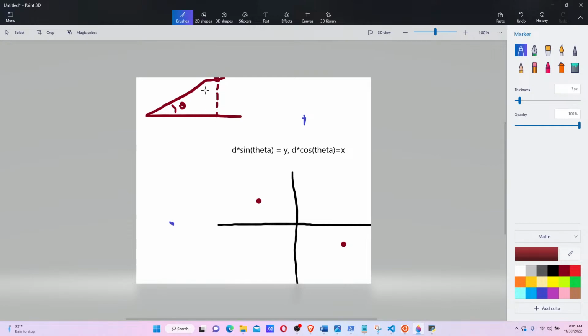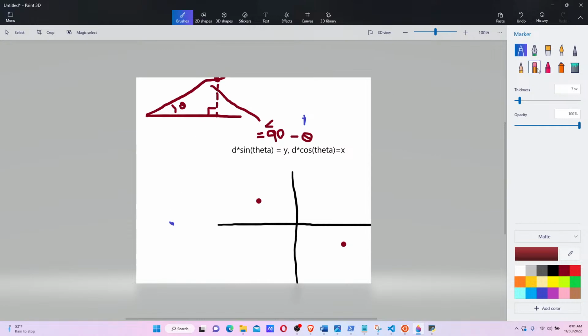Well, we know that theta plus 90 plus that equals 180, so that angle is equal to 90 minus theta.